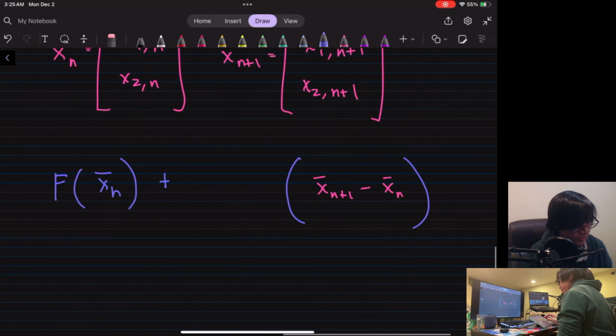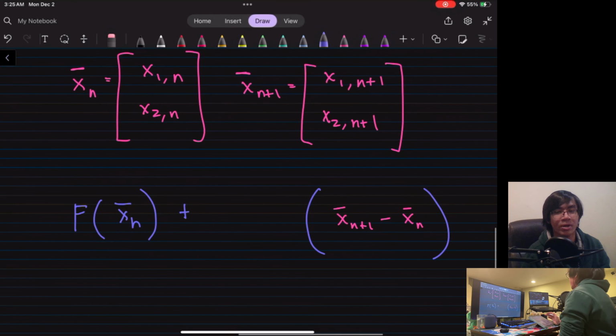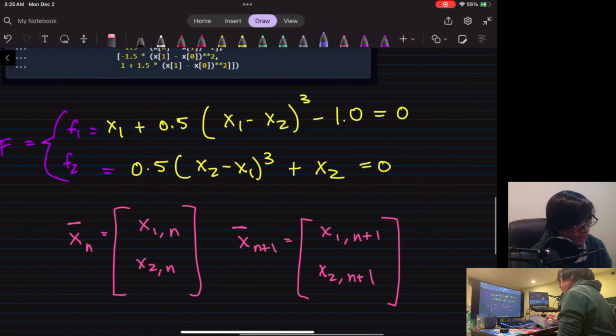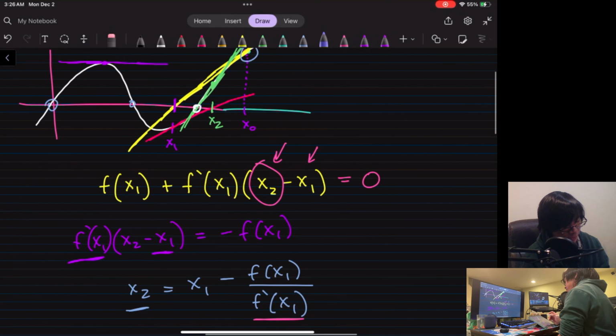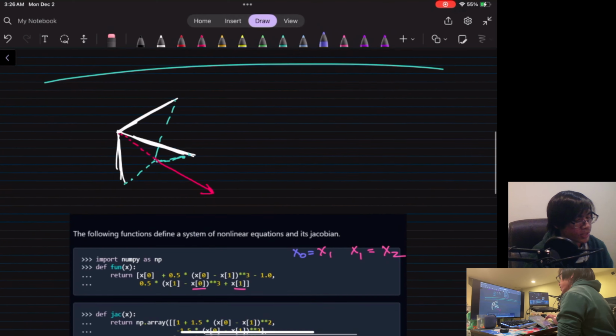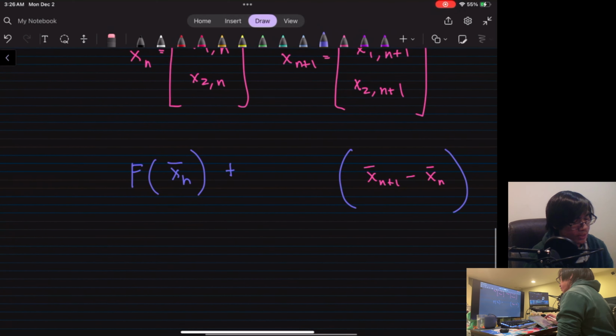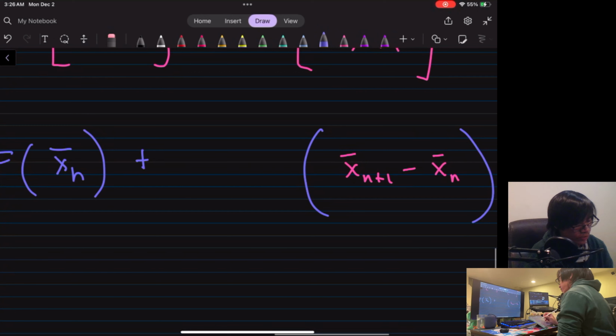And then now you'll notice we're missing the derivative. Well, I mentioned earlier that the Jacobian is the multidimensional equivalent of this slope here. So it's that sensitivity of each equation to each of the variables we're solving for. So we have our Jacobian, maybe put a bar over that and then evaluate it at the current time.